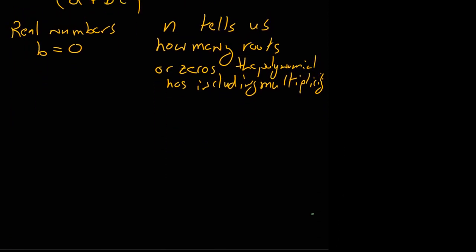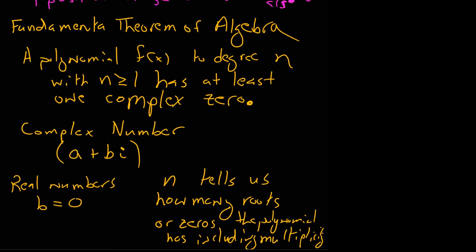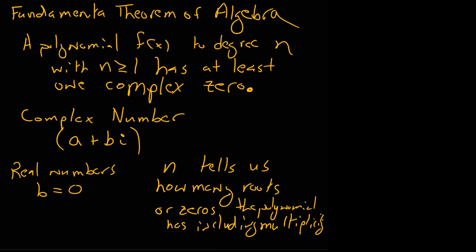Now I know at least 2 of them are real, because one has to be positive and one has to be negative due to Descartes' rule of signs. The other 2 could be complex numbers. And so the fundamental theorem of algebra says if I have a solution, that solution is going to have at least one complex number. If they are completely imaginary, though, some neat things happen.